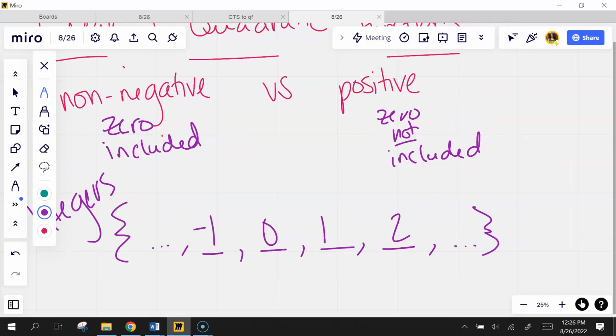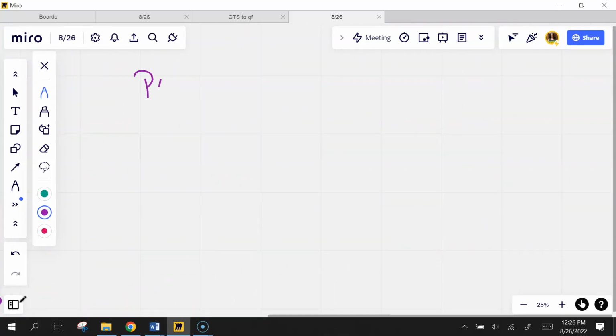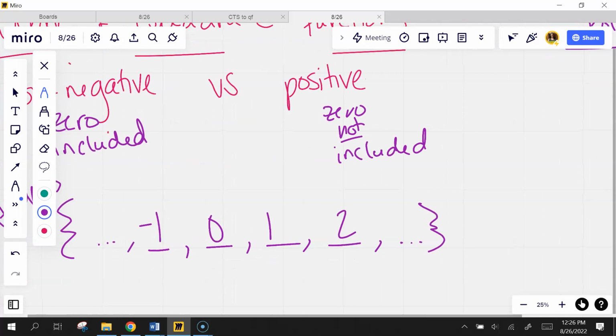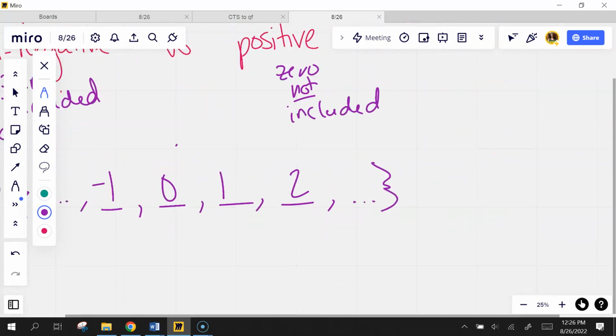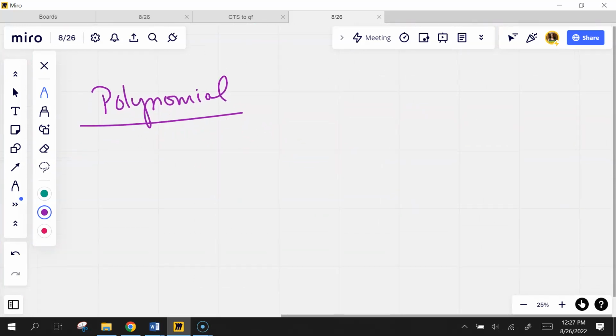What's a polynomial? Carter, define polynomial for me. It's a number?